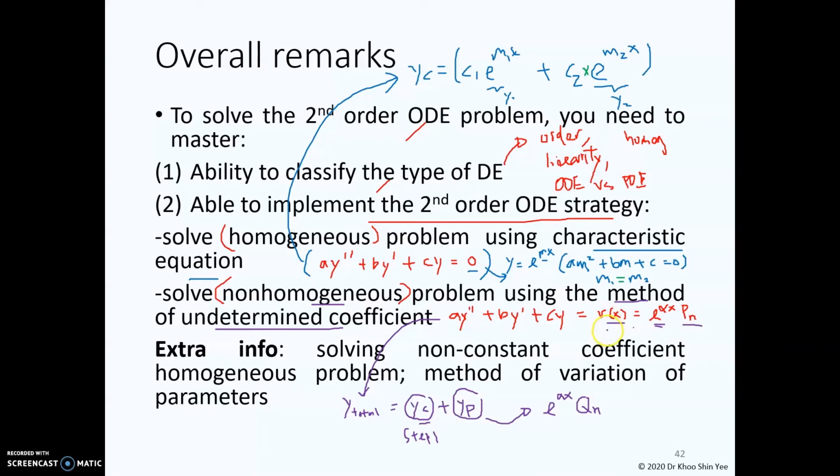If you have the right hand side function equal to sine 5x, then from the Euler formula, you can link sine 5x to the exponential, where sine 5x is the imaginary part of exponential i multiplied with 5x.